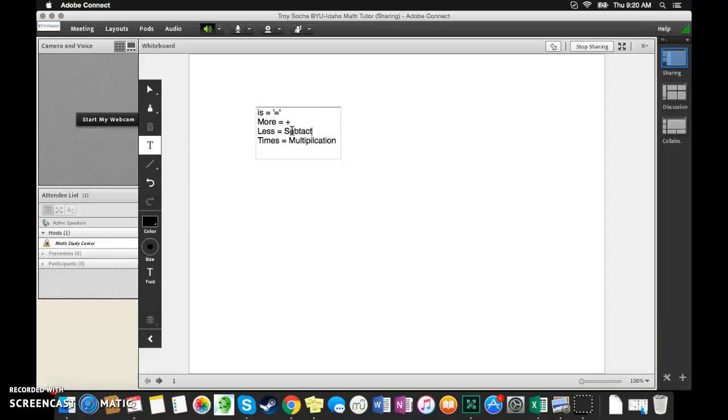So this is subtraction. This is addition. Times equals multiplication. And you'll see division for division. That one's pretty easy. You'll see divided by, and that equals division. Or you'll see a fraction. So it's either divided by or a fraction for division.